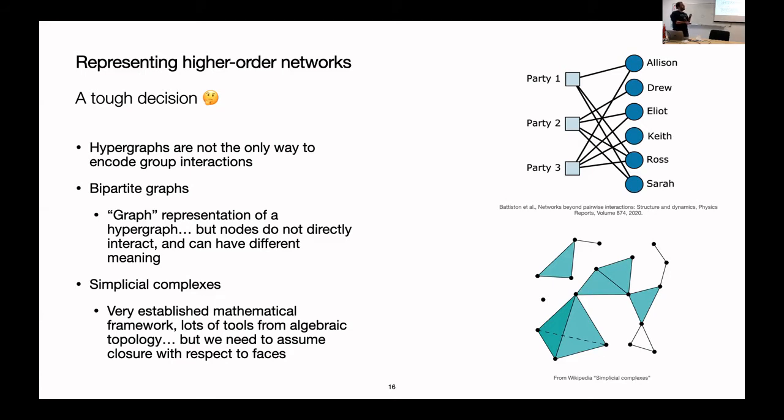Nodes of the same kind are never linked together, but we link nodes of different types. This is a way to represent affiliation to groups. And in this case, we are able to encode the affiliation to the parties without losing any information, in the same way we were able to do with hypergraphs.